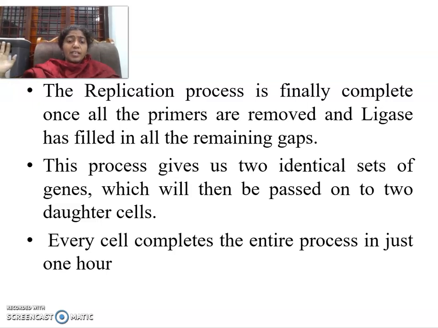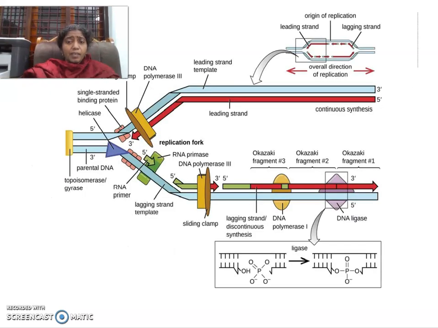So I hope you know the steps. We have initiation, elongation, and also termination. Mainly, the important thing you should know is that we have two strands, the leading strand and the lagging strand. In the lagging strand, we have Okazaki fragments, and the DNA polymerase 3 enzyme helps in the formation of DNA.